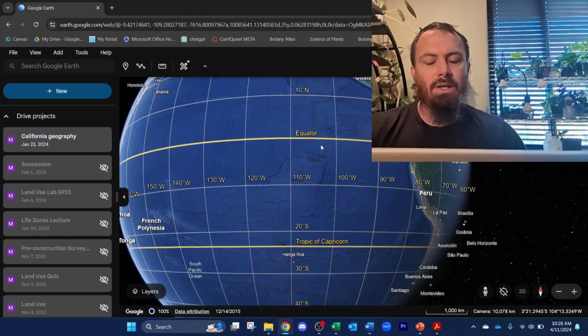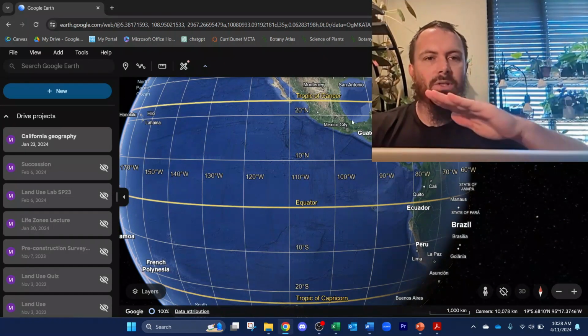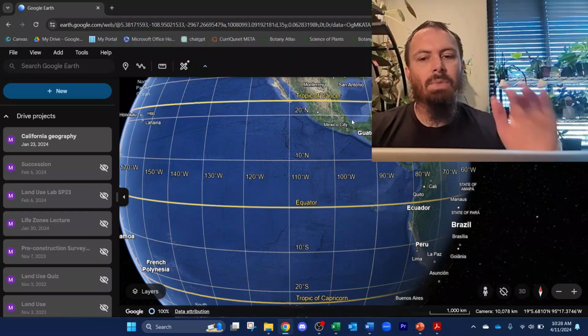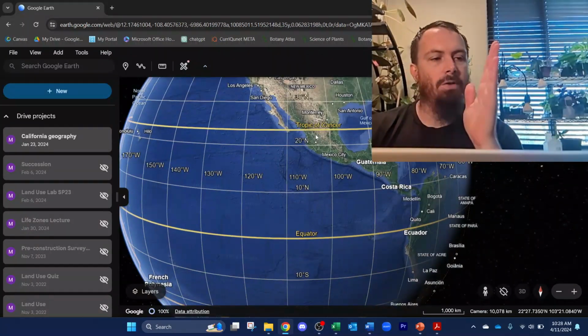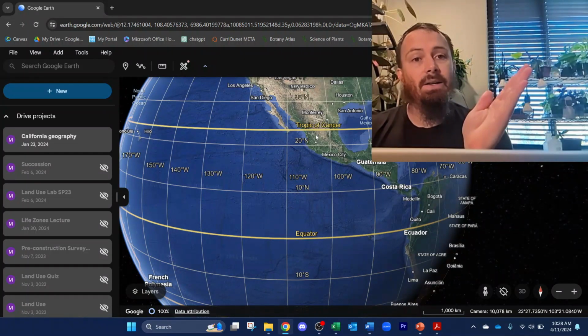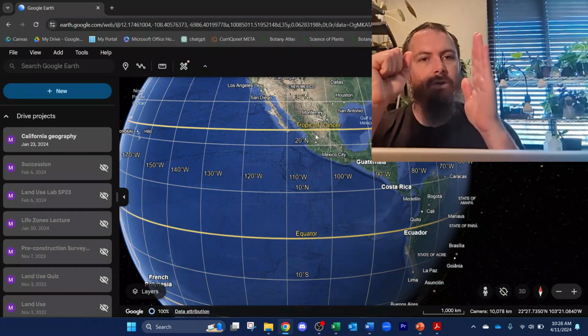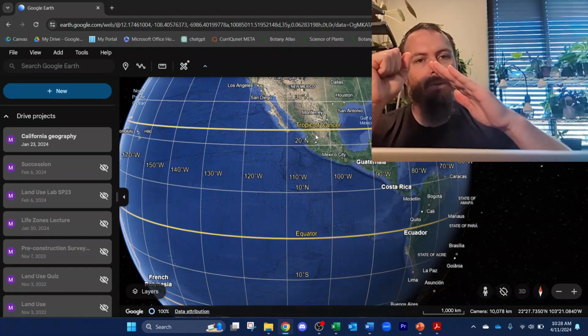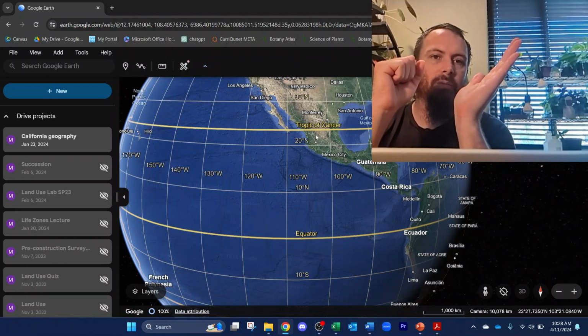So the sun throughout the year is going to basically move up and down. The sun's not really moving, but the earth is tilting back and forth, right? And so as the northern hemisphere tilts towards the sun, that's taking us into summer. So as the earth tilts towards it, the northern hemisphere becomes summer, southern becomes winter, and as it tilts away, the southern hemisphere becomes summer and the northern hemisphere becomes winter.